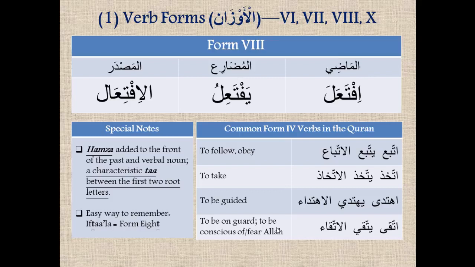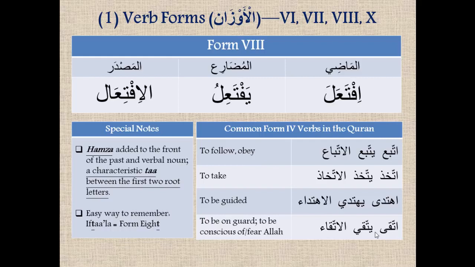So you'll notice that some of these verbs take a shadda on top of the ta, like ittaba'a, ittakhadha, ittaqa, and that's because of the root letters. So for ittaba'a we have ta, ba, and ayn. So ta is actually one of the root letters, the radicals. For ittakhadha, one of the radicals is hamza, kha, and dha. And for ittaqa, we have a waw, qaf, and a ya.